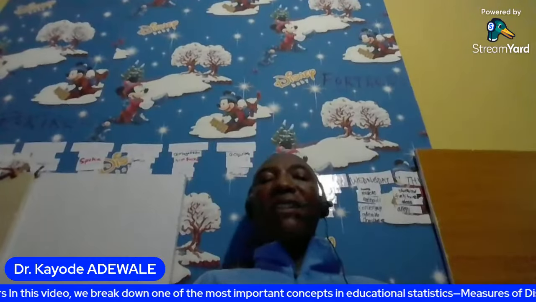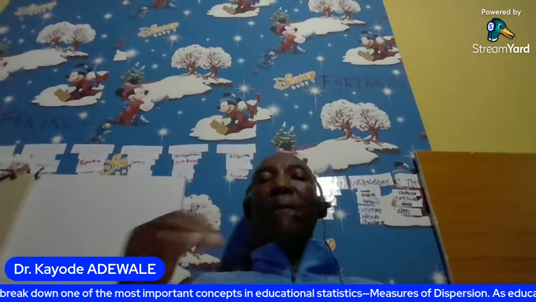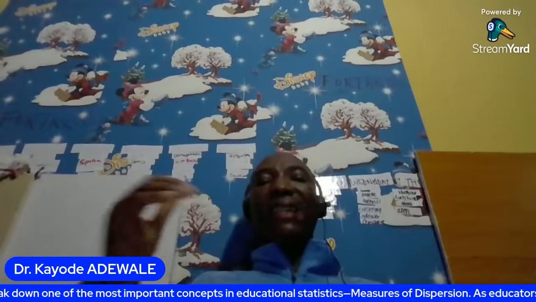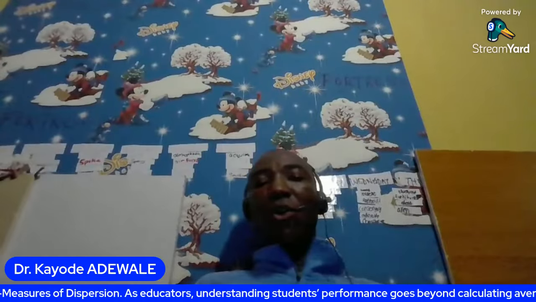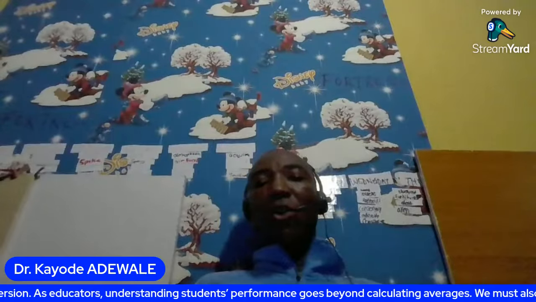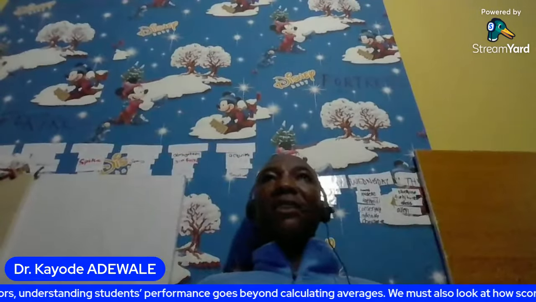Number four is that it improves decision making in education. A data-driven decision, such as grouping students, adjusting the teaching method, or designing a remedial class, depends on understanding variability. I'll give you an instance. You conduct a test. Some of them get low marks, some get high marks. The scores are not well spread.